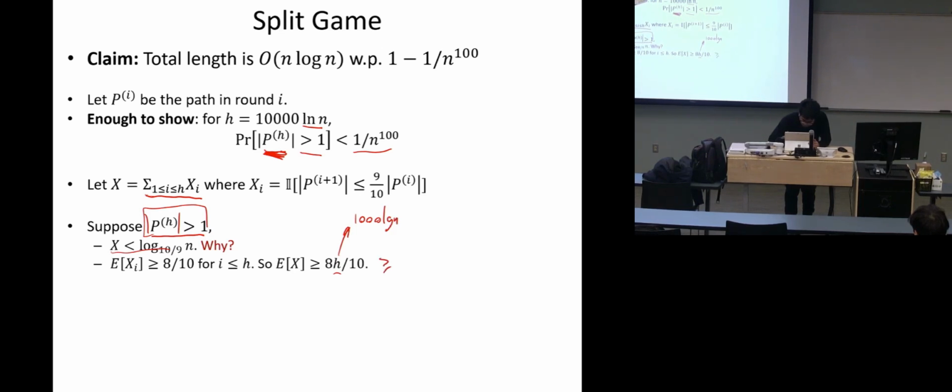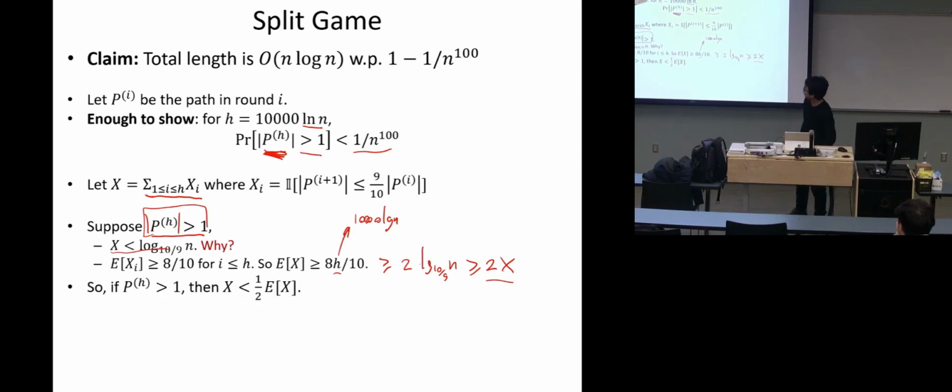So this is more than 2 times this thing, which is more than 2x. h is just big enough, so this is more than 2x. So it means that if the algorithm doesn't stop, then x must be less than half of the expectation of x.